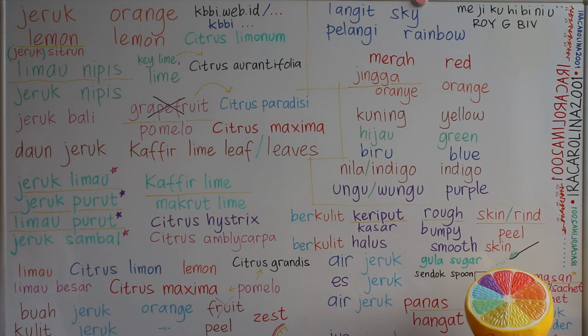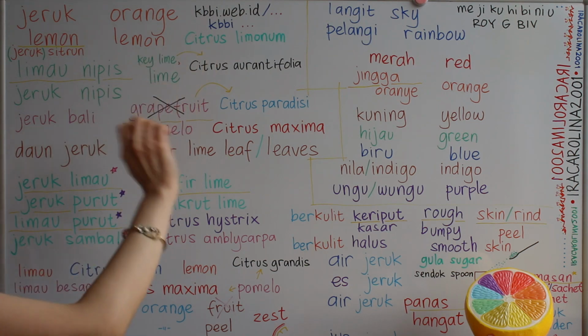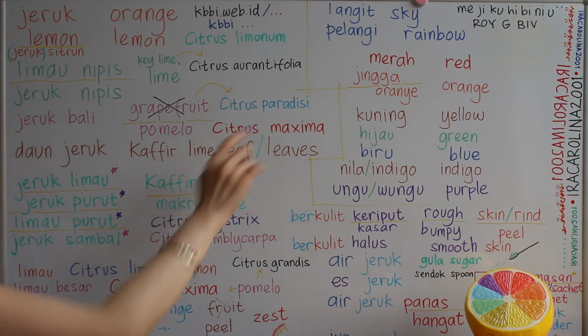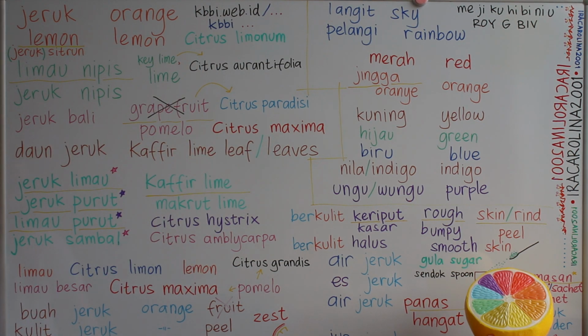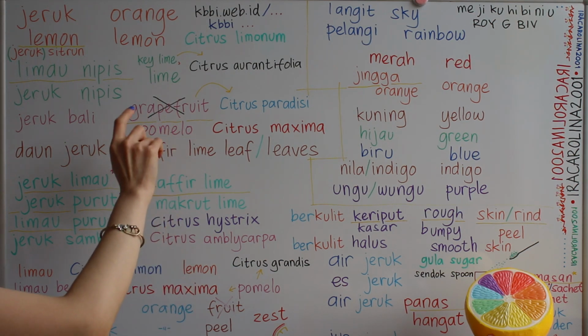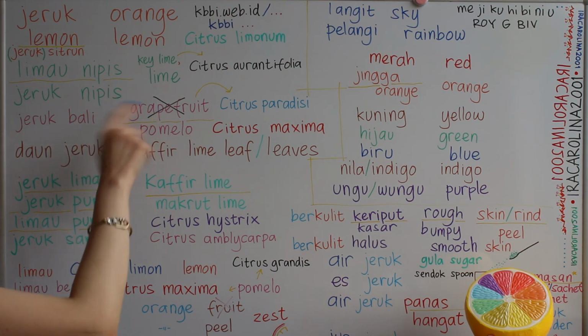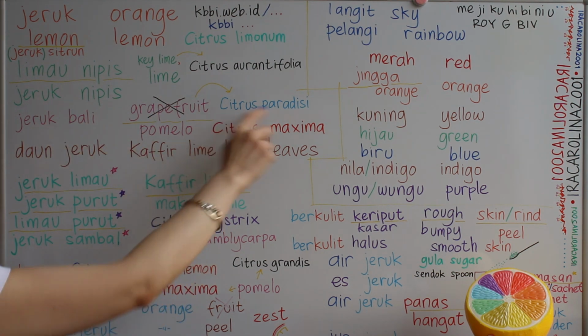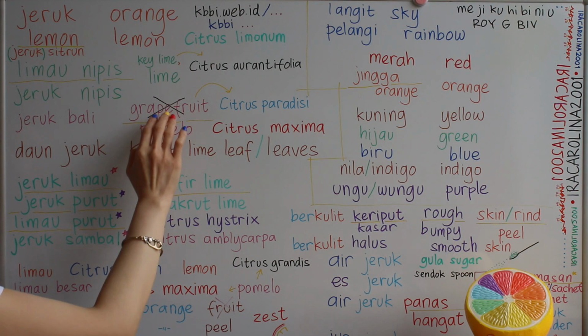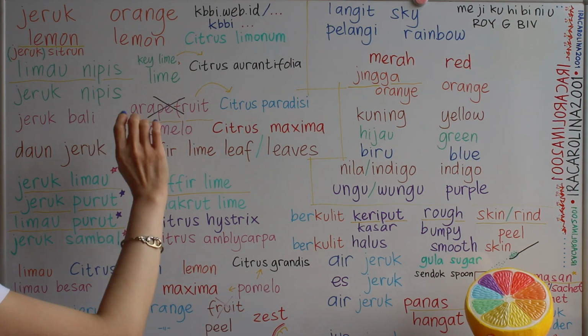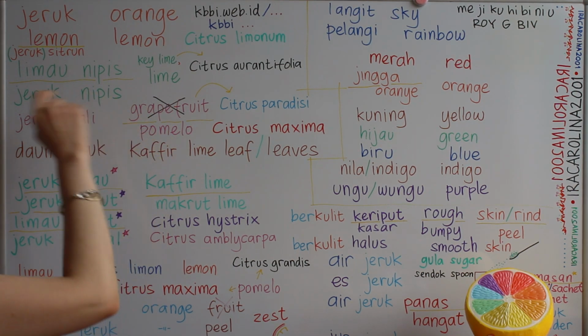Even though pomelo is also Citrus grandis, in the KBBI it's stated jeruk Bali, Citrus maxima. We cannot translate this as grapefruit, or Citrus paradisi, because grapefruit is the marriage or mix of pomelo and orange.